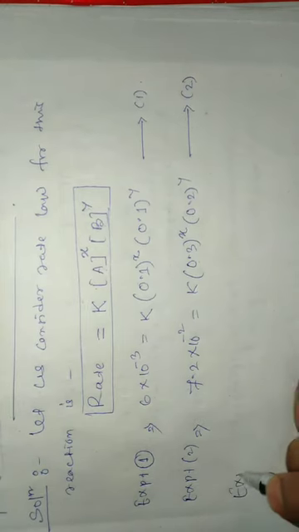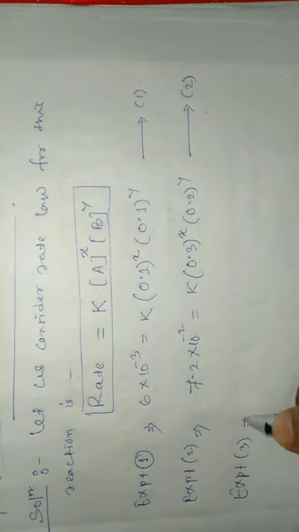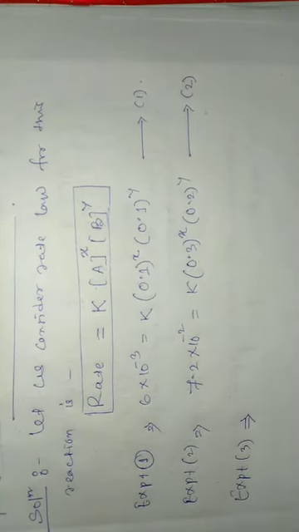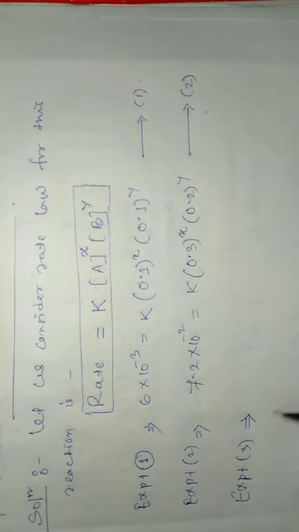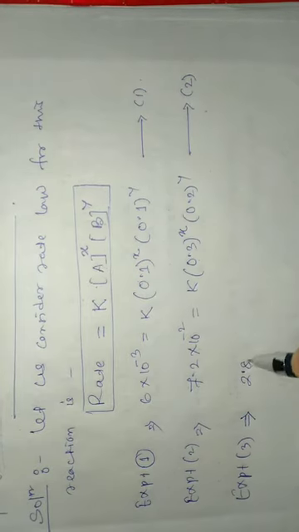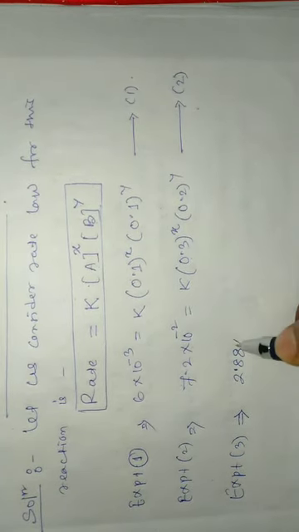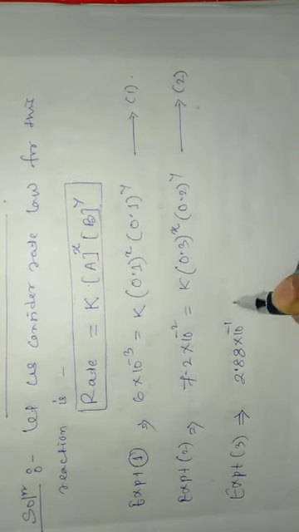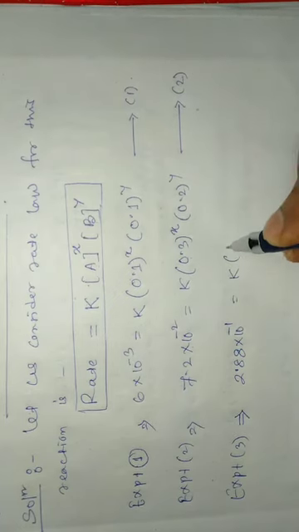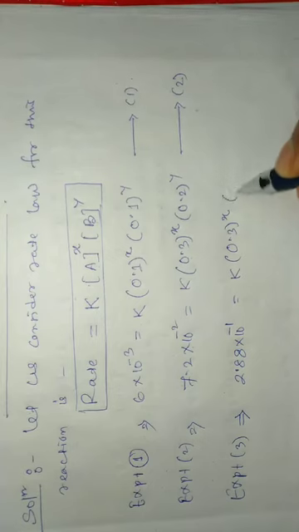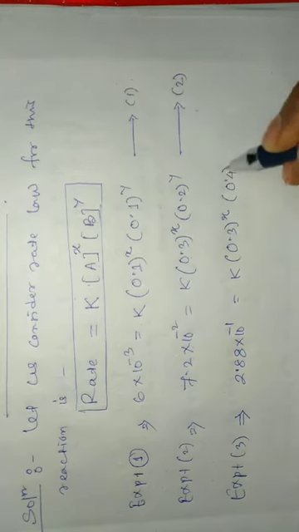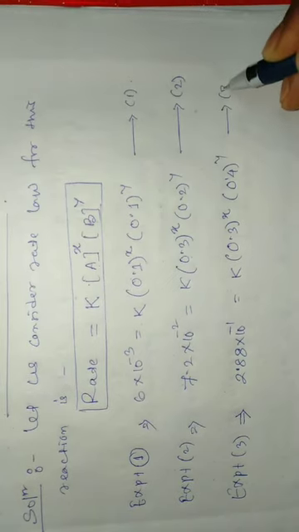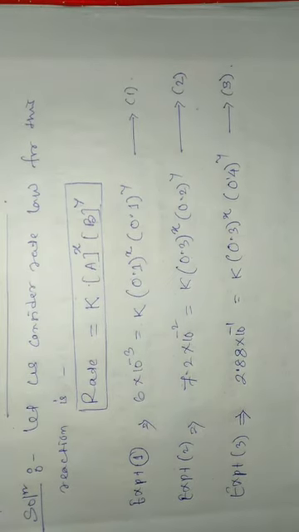Similarly for experiment 3, the rate is 2.88 into 10 to the power minus 1 equal to K into concentration of A 0.3 to the power X and concentration of B 0.4 to the power Y. This is equation number 3.